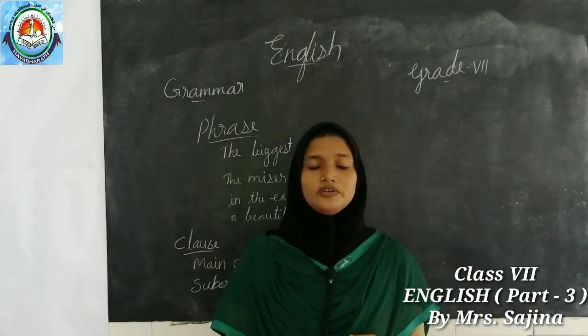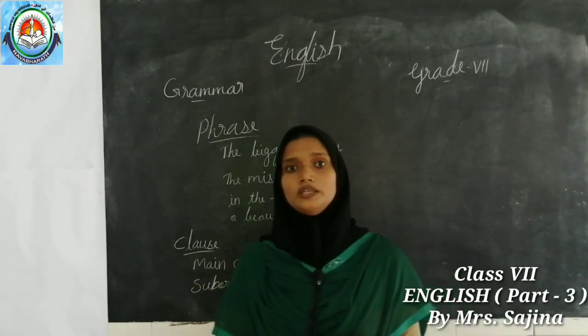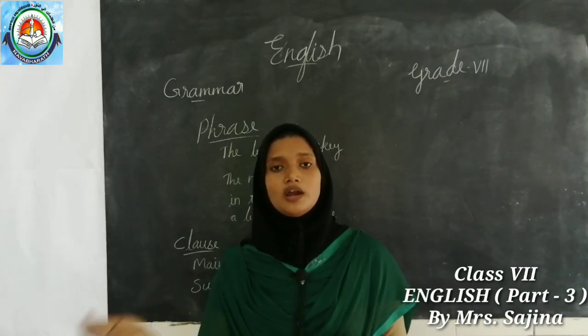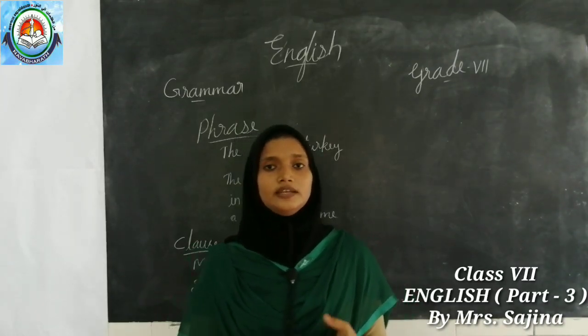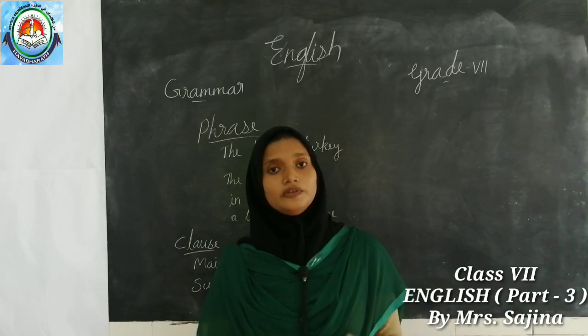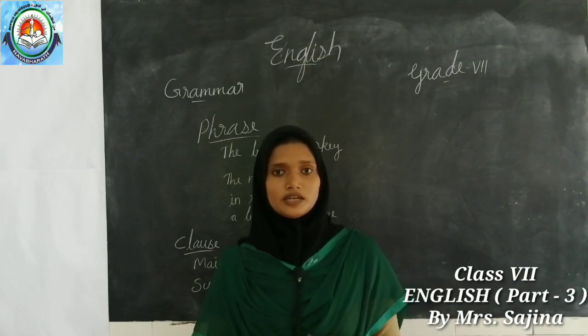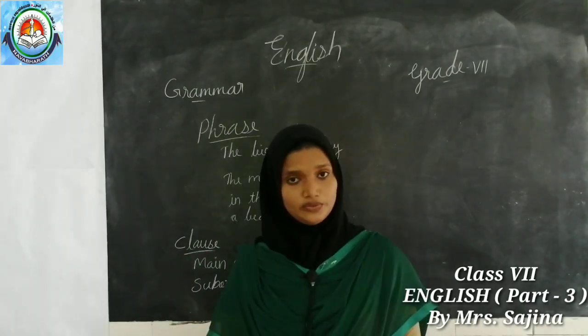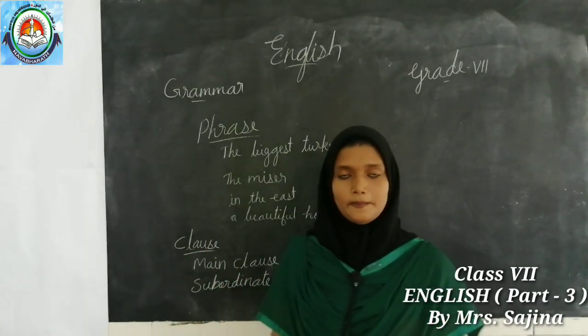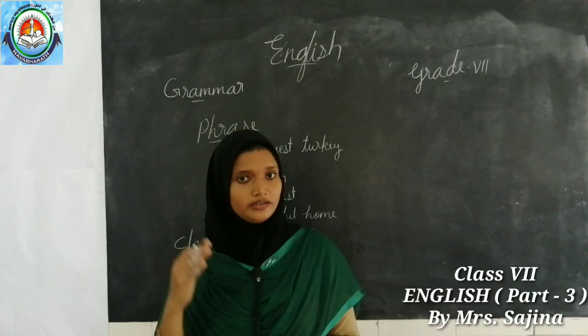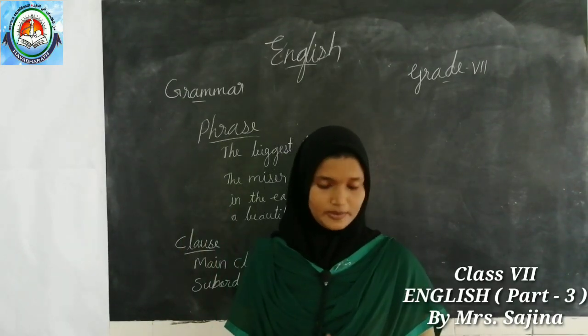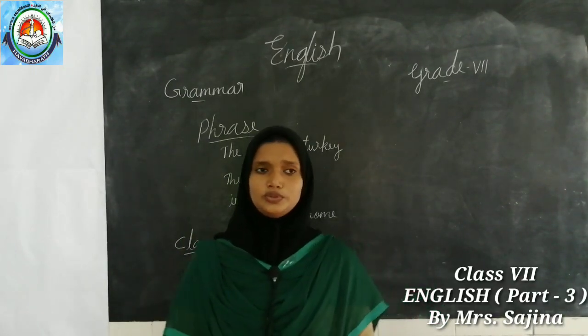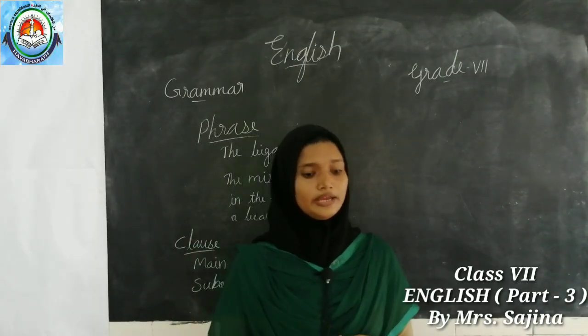For adjective, he is a boy. He is a smart boy, like that. Then adverb. An adverb is a word that describes an action. Do you want examples? The man ran fast. The man ran slow. These are examples for adverb.